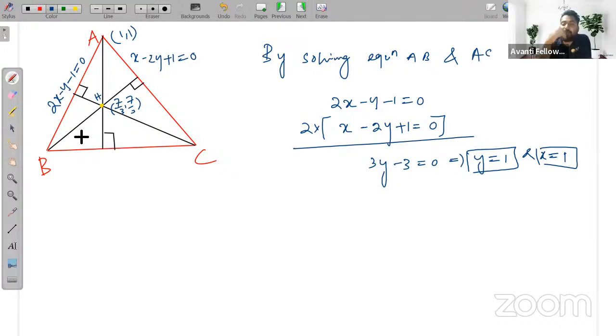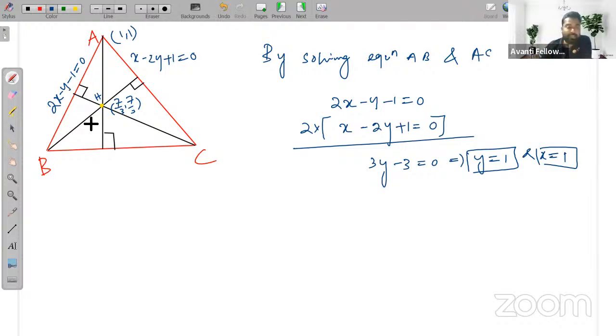Now, how can we find the coordinates of point B? Similar questions we have also discussed in the last class. We know the equation of AB is 2x minus y minus 1 is equal to 0. Then we also have the altitude from the point C to the line AB.